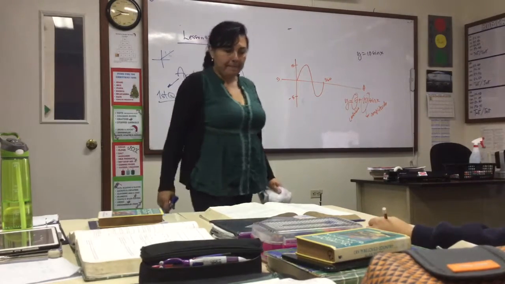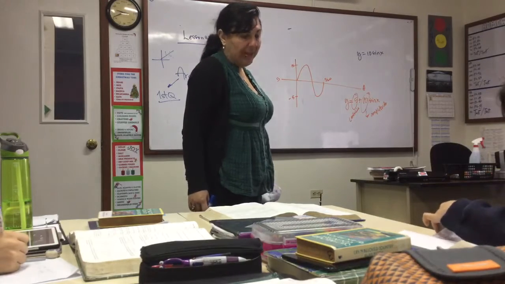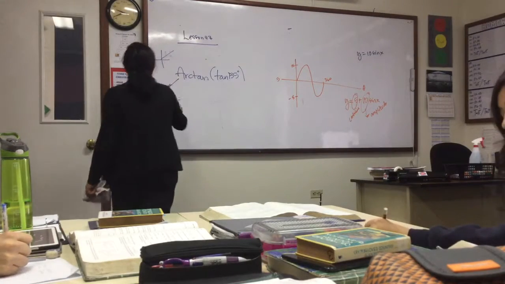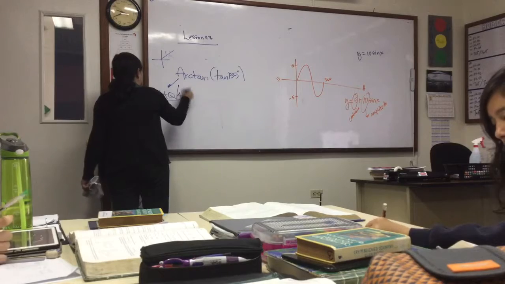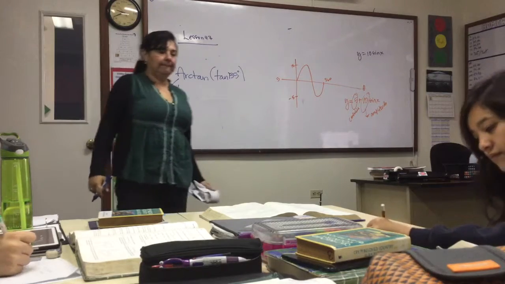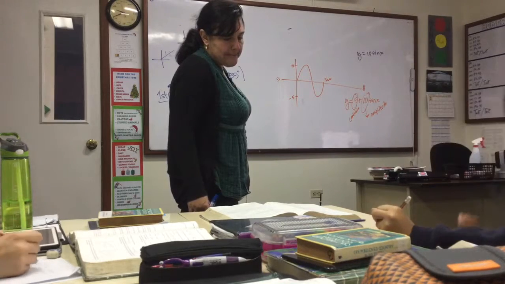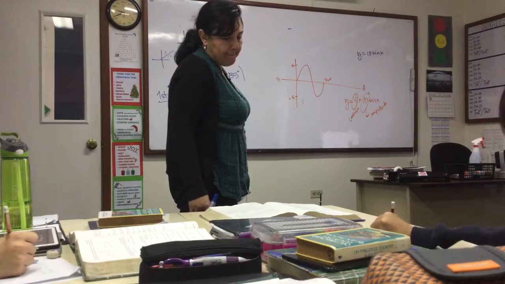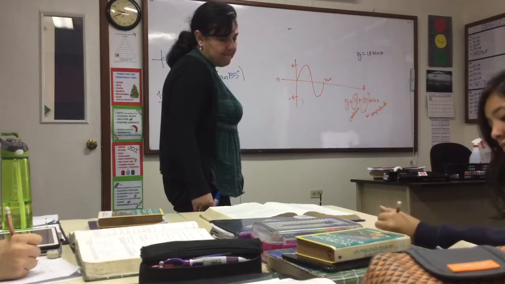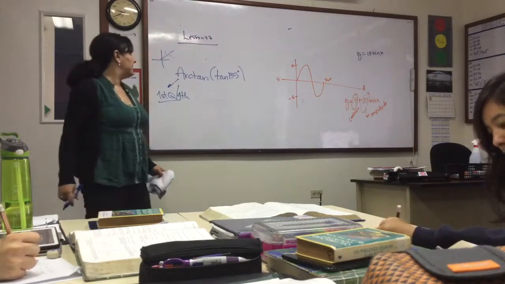Tangent of 45, so it's 1. The first and the fourth. So what do we do here? Tangent of 45, because 90 plus 45 is 135.